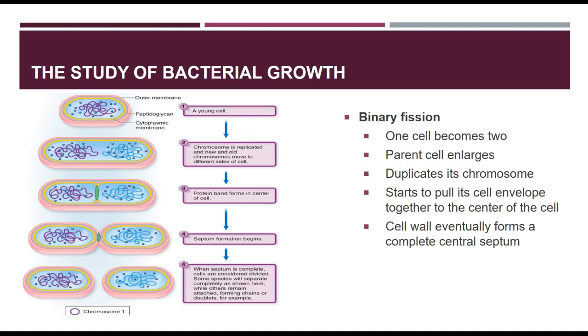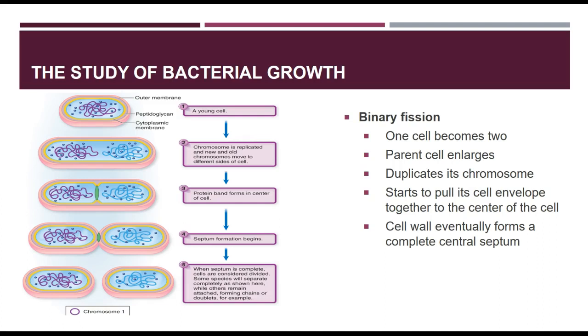That protein band is going to start to pinch the cell envelope together in the center of the cell. Essentially, the cell pinches itself into 2 cells, and they're going to separate and become 2 completely new cells.